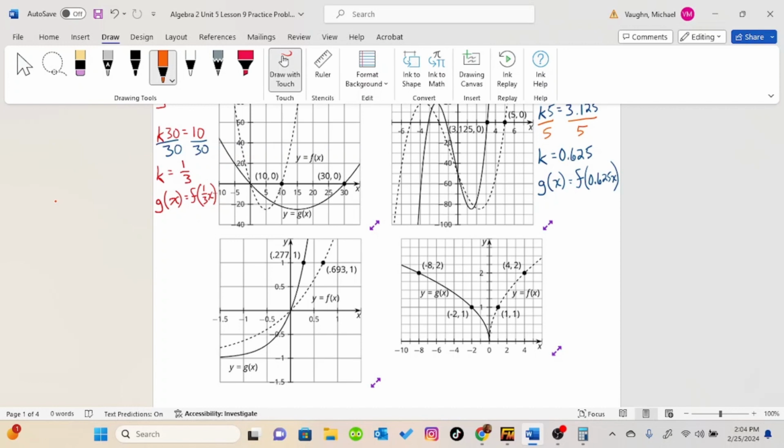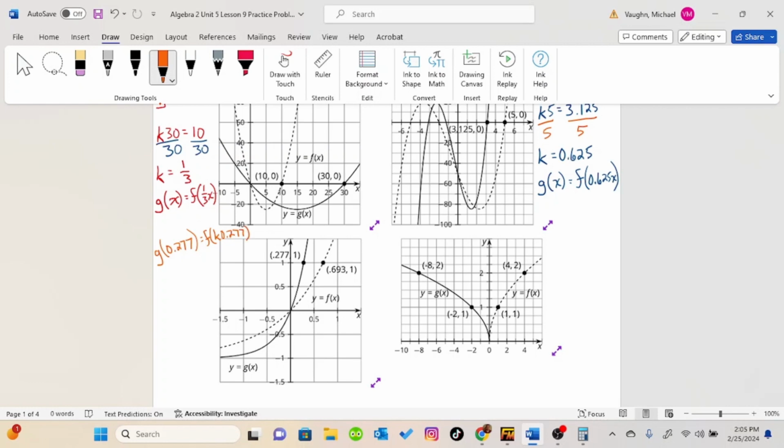So in this one, we have corresponding values where g of 0.277 needs to equal f of k times 0.277.